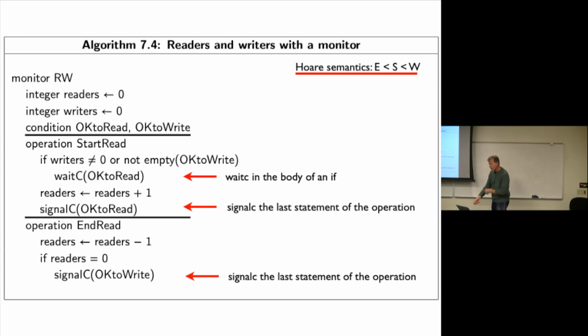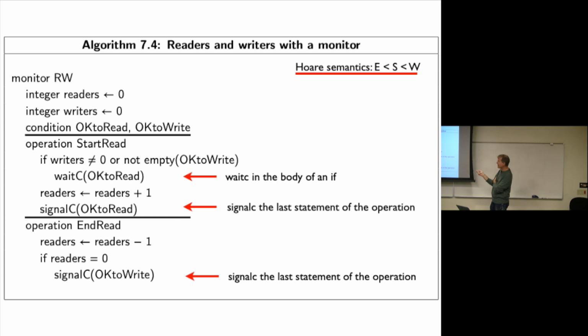Okay? So now, here's the code, and it's just so neat. Here's the code for the monitor. Let's take a look at this code, which is in our language independent code that is very similar to C++. So check it out. What attributes does the monitor RW have?